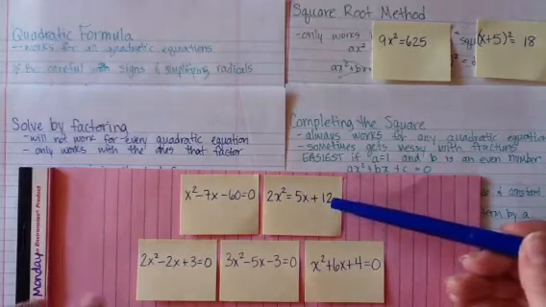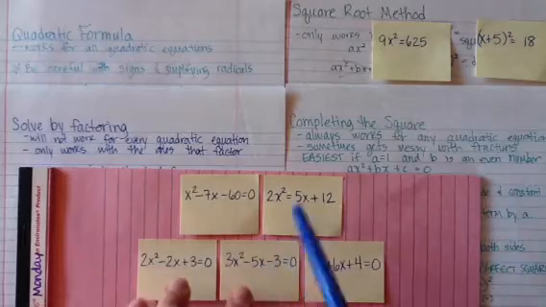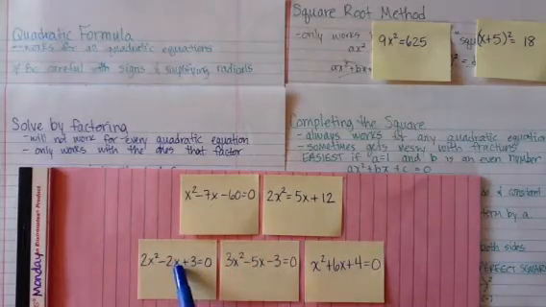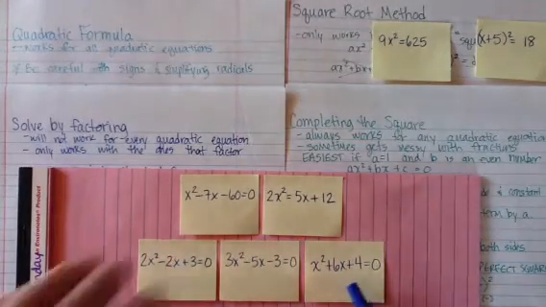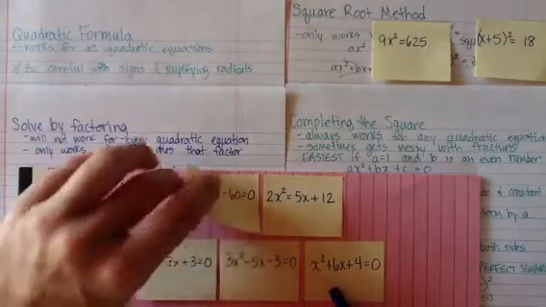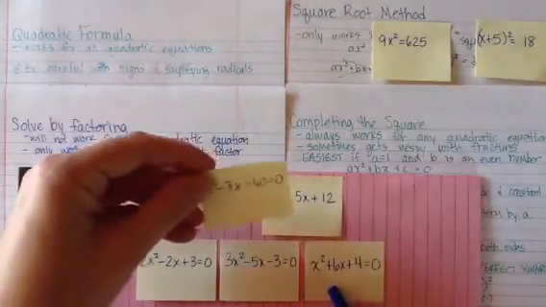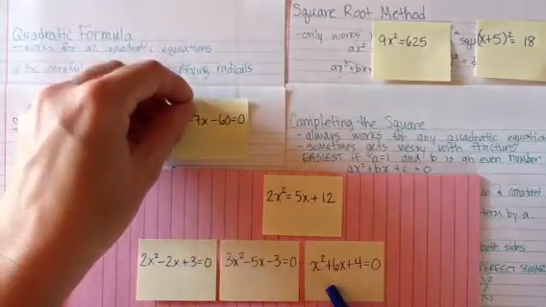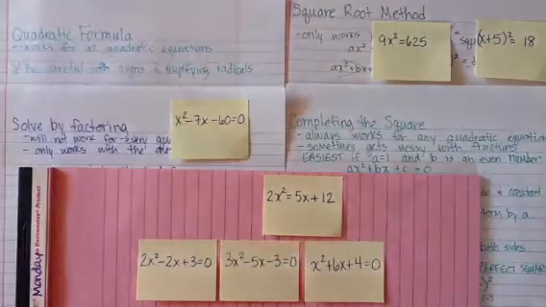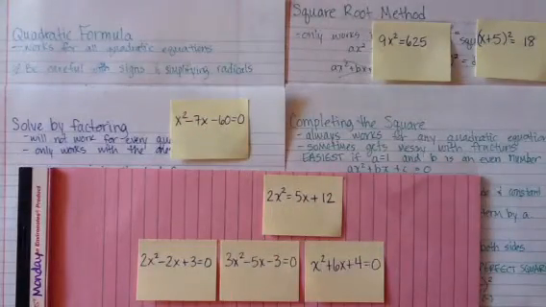The 2x squared, well, those with a leading coefficient, we'll hold on to those for a second because they take a little bit longer to factor. So let's go ahead and put this one with solve by factoring. Because I'm thinking with 60, like 12 and 5 would combine to give me 7 when I subtract them, so that might be an easy one.